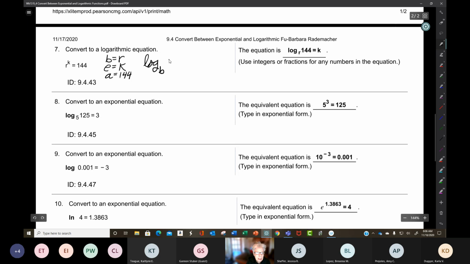Yeah, B, A, E. So log base R of 144 equals K. And there we are.